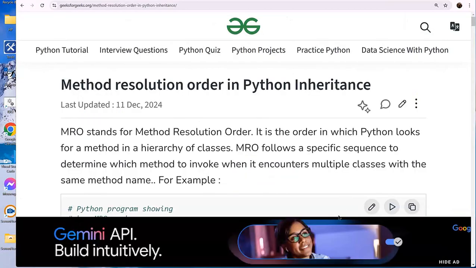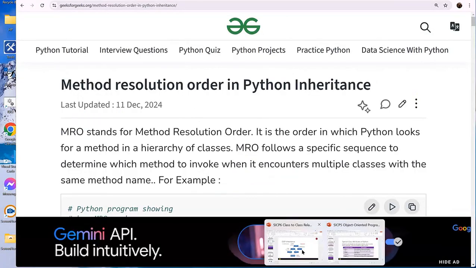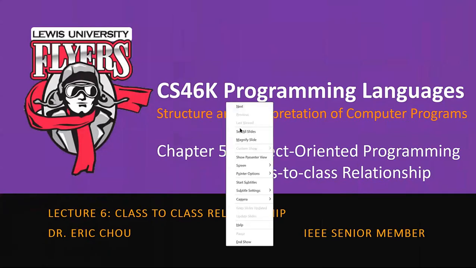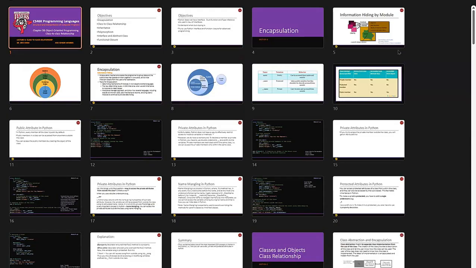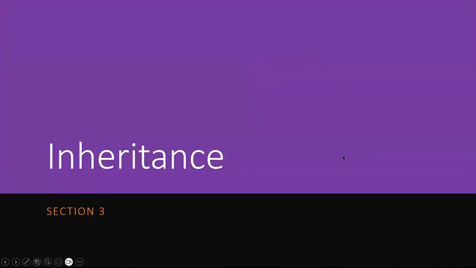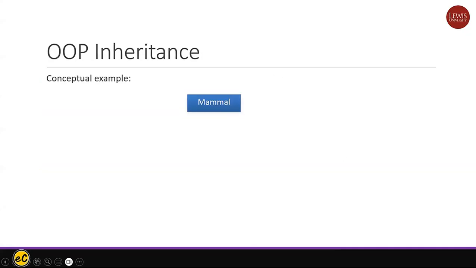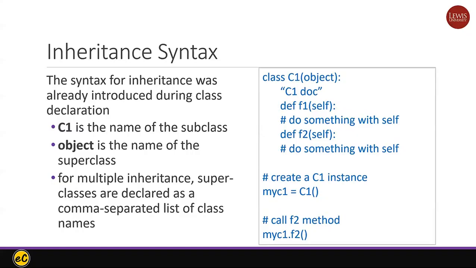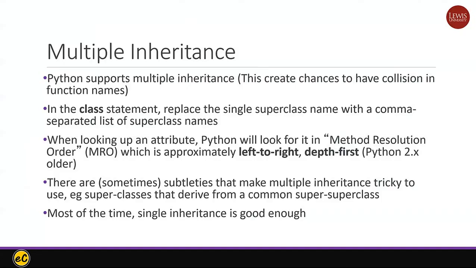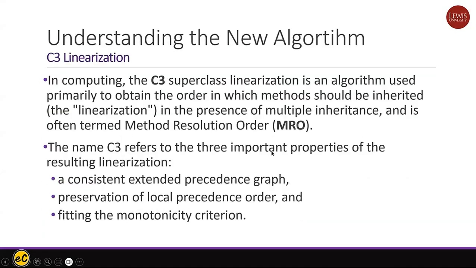You need to figure out the order of the multiple inheritance. Usually don't make it so complicated. Usually with multiple inheritance, you just use one superclass and the other one as the interface. That actually is better. Don't try to create inheritance paths so difficult that you cannot understand them yourself.